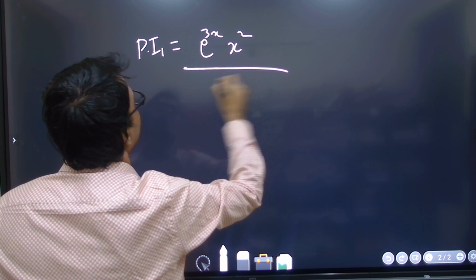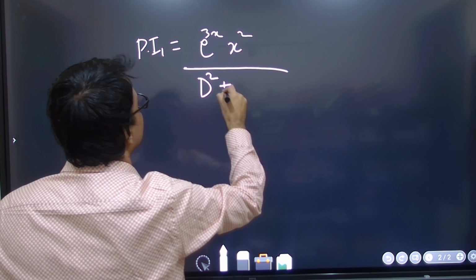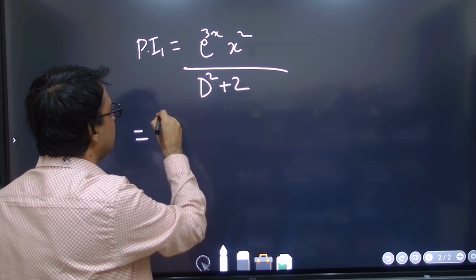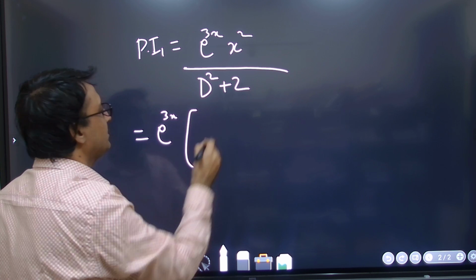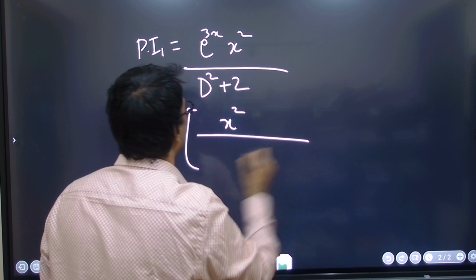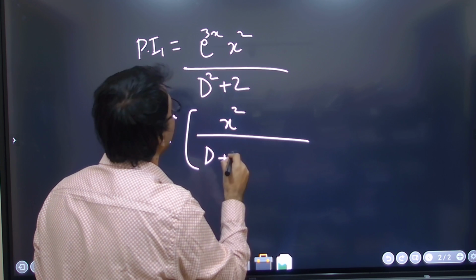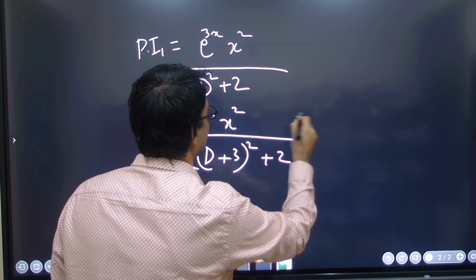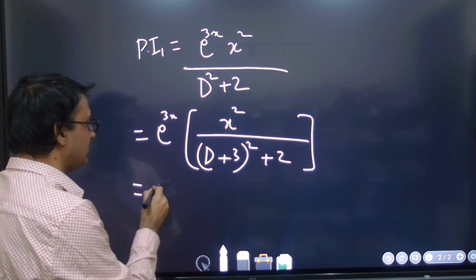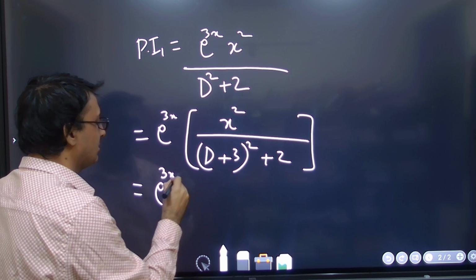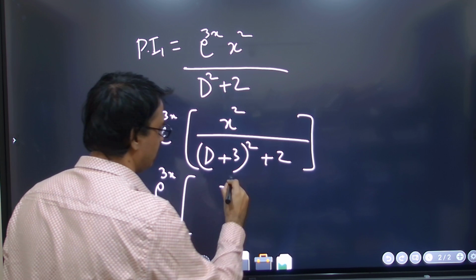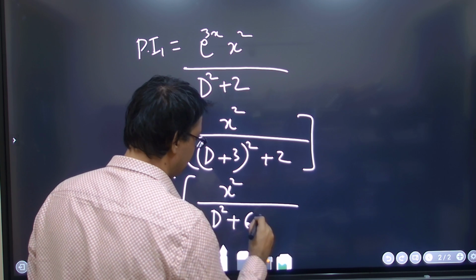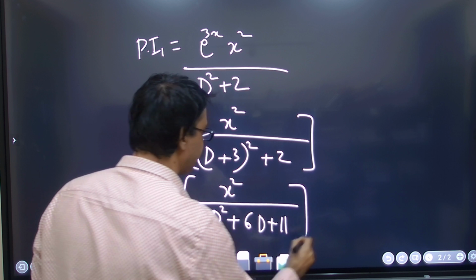And this is d square plus 2. Now if we want to do the shifting, we take e to the power 3x outside and write this as x square upon (d plus 3) whole square plus 2, and this gives us e to the power 3x into x square by d square plus 6d plus 9 plus 2, which is 11.